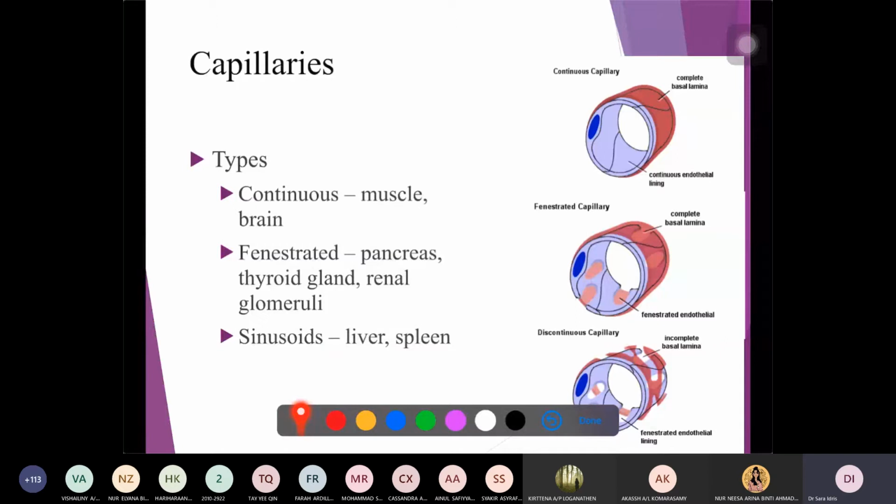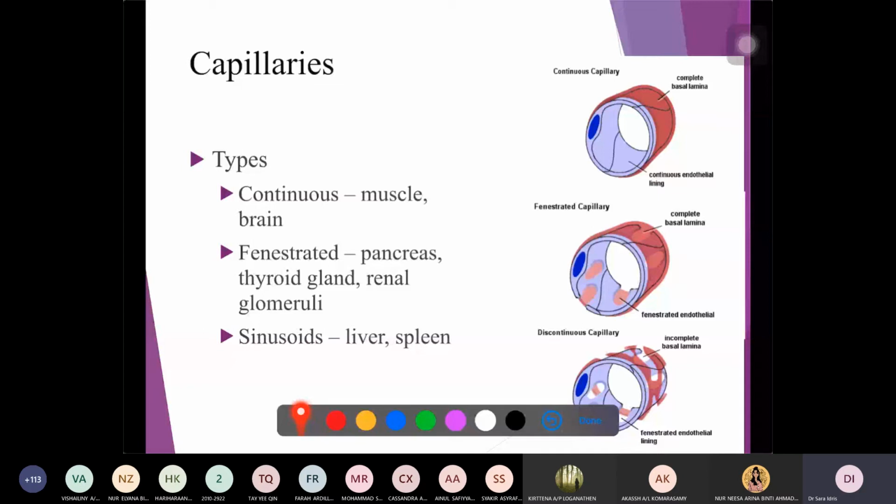I'm sure when you learned about epithelium last time, you learned that epithelia always rest on a layer of basal lamina. So depending on the basal lamina and the cells of the endothelium, they can be divided into three. The first is the continuous type of capillary. You can find this in muscle or in brain tissue. You can see that the endothelial lining is continuous and the basal lamina is also complete.